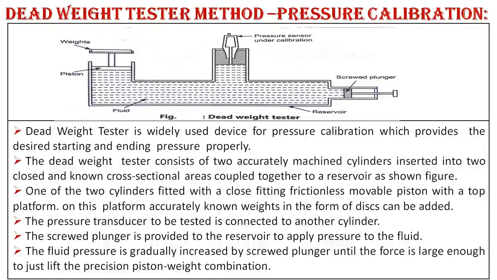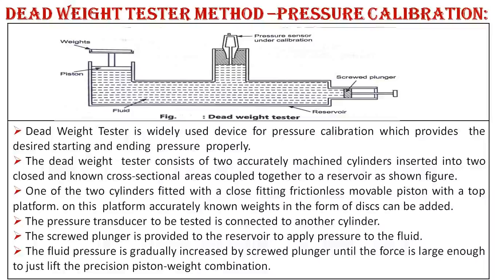The deadweight tester consists of 2 accurately machined cylinders with known cross-sectional areas coupled together to a reservoir. One of the 2 cylinders is fitted with a close-fitting frictionless movable piston with a top plate. On this platform, accurately known weights in the form of discs can be added.